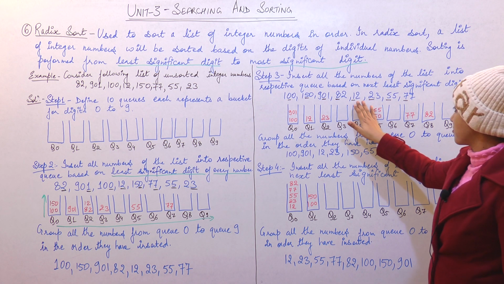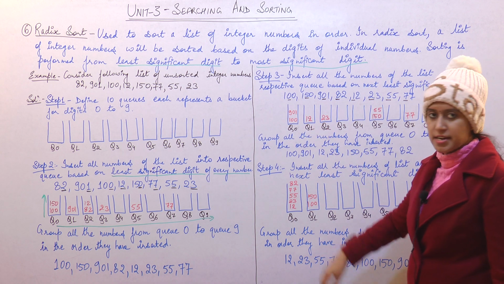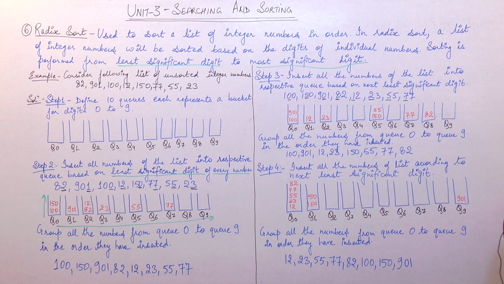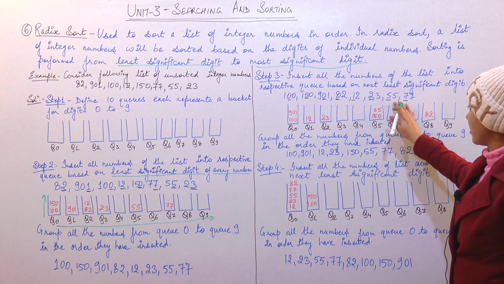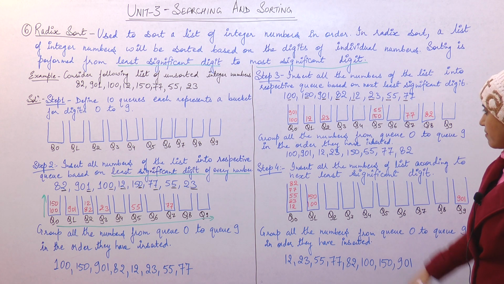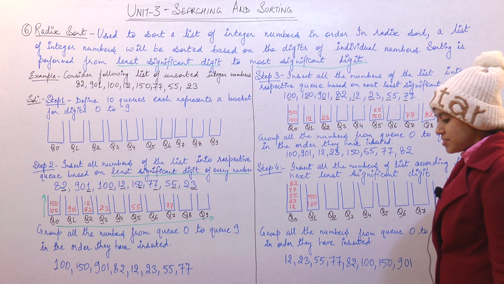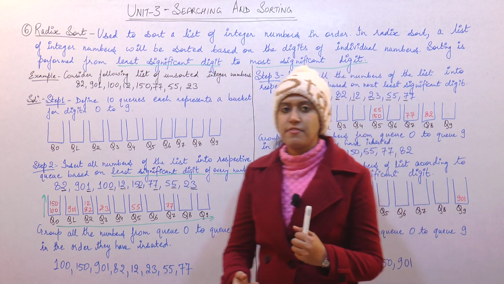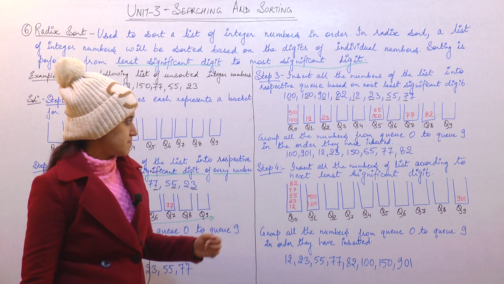After that 12 contains 1, so 12 will be inserted in the Q1 bucket. 23 contains 2 as the digit, so 23 will be inserted in Q2. Then 55 will be inserted in Q5 and 77 in Q7. Now we have inserted all the numbers according to the next least significant digit, that means according to the digits at tens place.